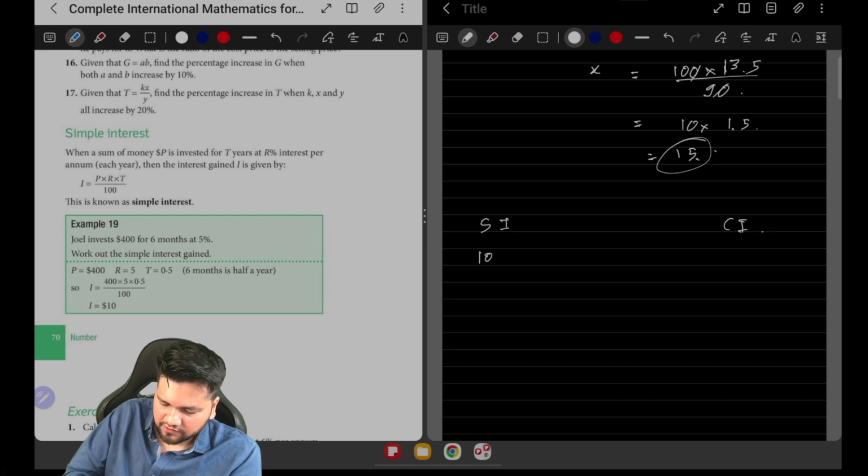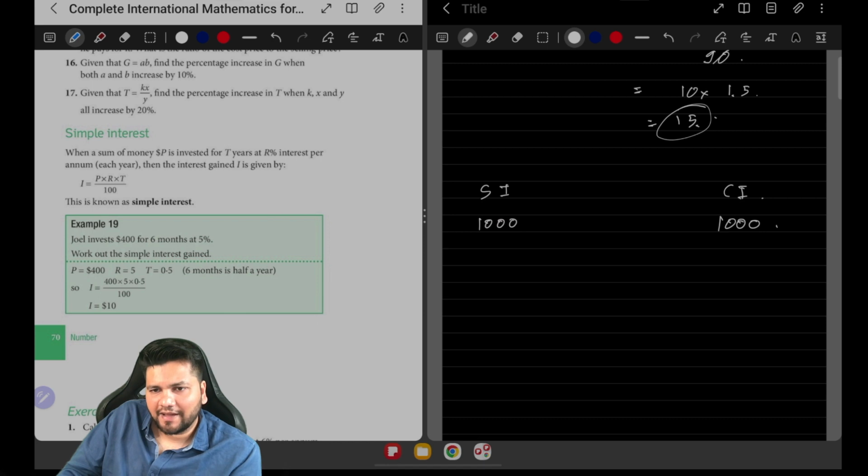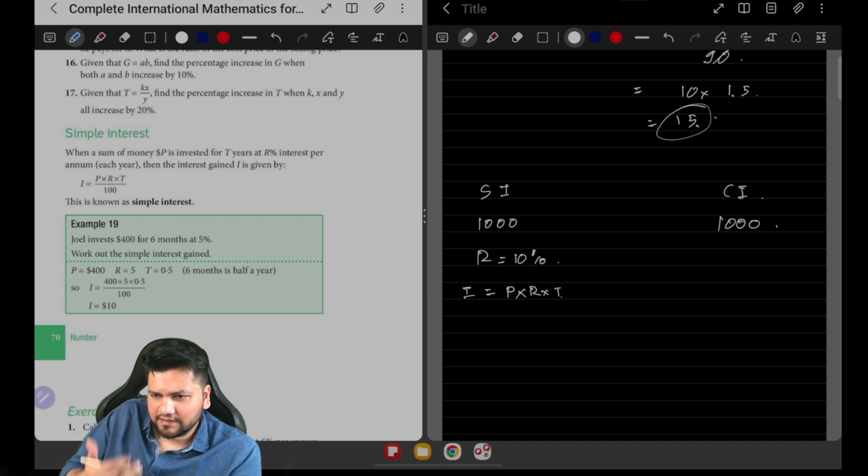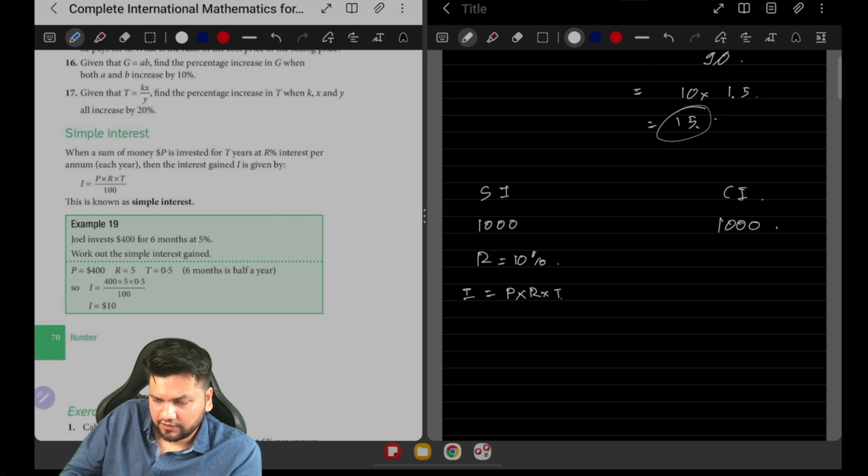So let's say I invest $1,000 here and $1,000 here. Every year the bank gives you a certain amount. So if the rate of interest is 10%, the interest is going to be PRT, which is a formula, and it kind of makes sense also. Think about it. When I increase something by 10%, it's going to be 110 by 100 into that thing.